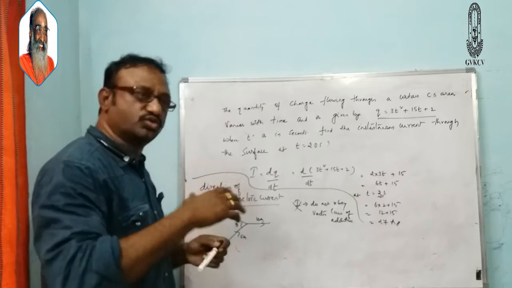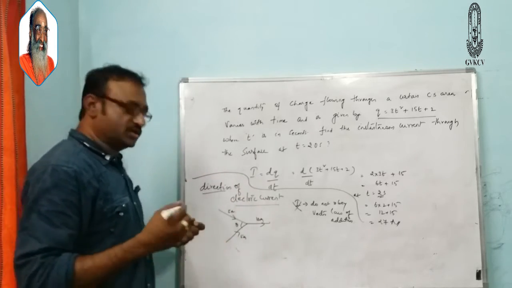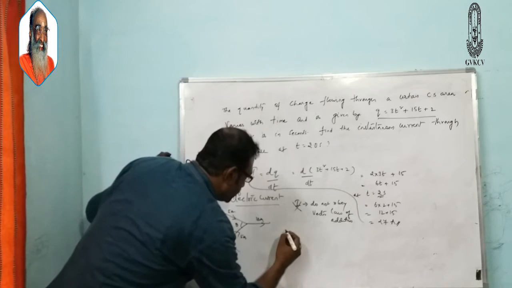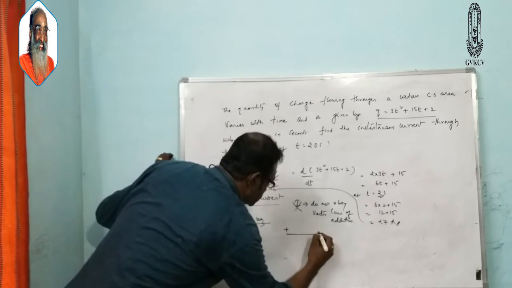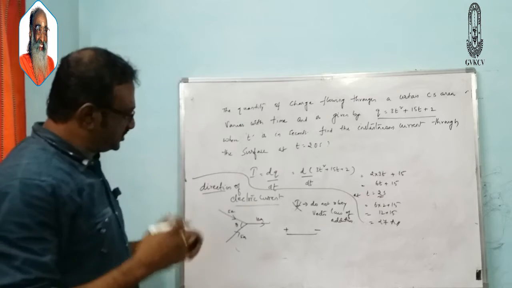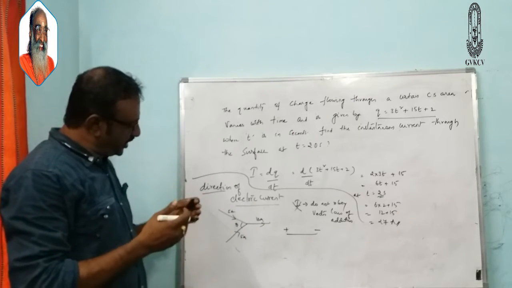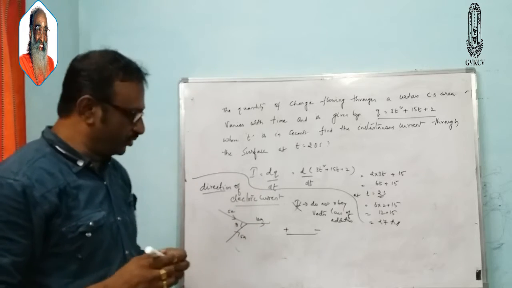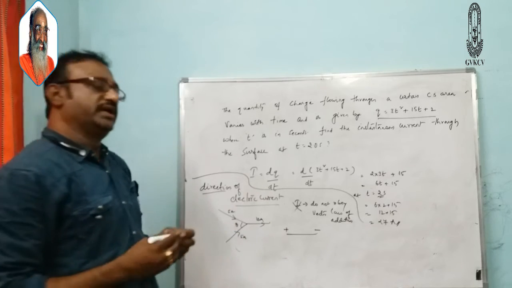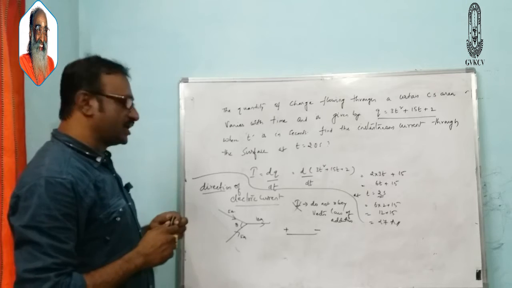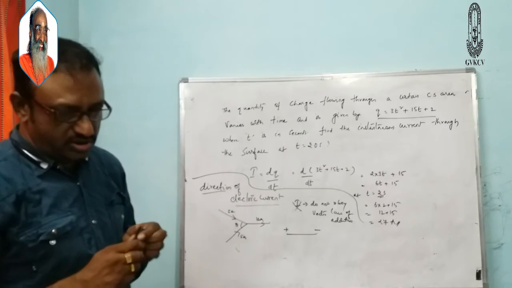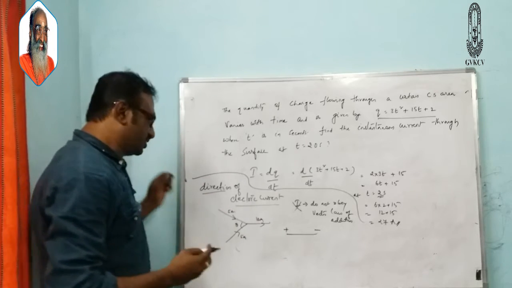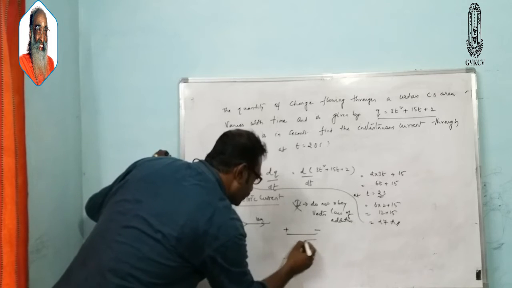So they came to the conclusion that the charges move from positive to negative. Later they found that the charge carriers are the electrons. So if the charge carriers are electrons, certainly they will move from the negative end to the positive end.